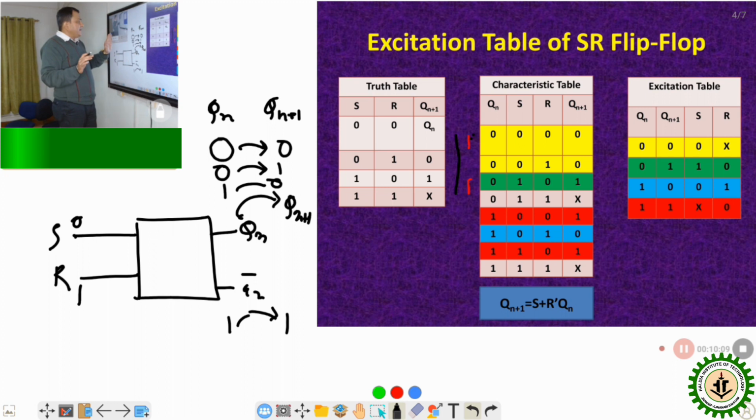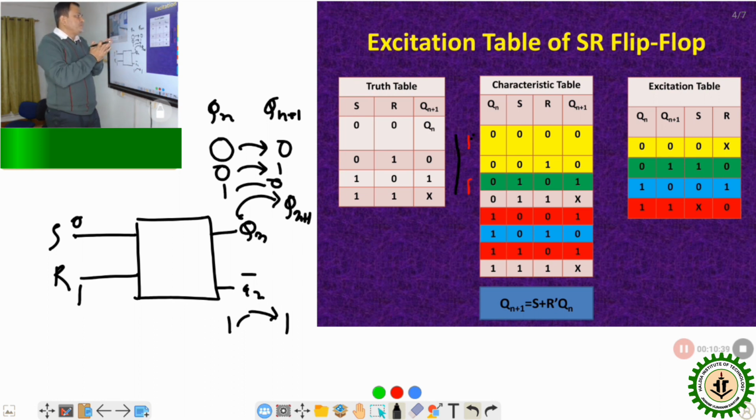Now we will see, for these 4 probable conditions of Qn to Qn plus 1, what should be the combination of inputs given to the input terminals, that is, the input terminals should be triggered or excited by this S and R. That is the input combinations.